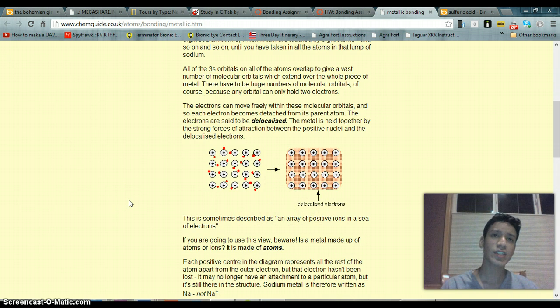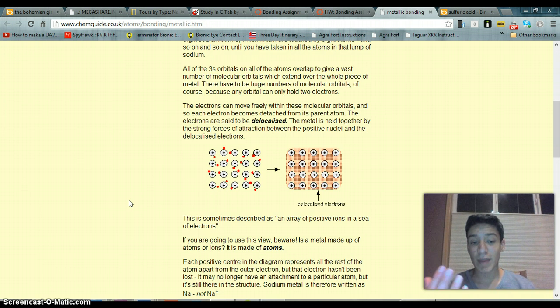And these s orbitals come together and form a molecular orbital, which is an area in which the electrons in this orbital are delocalized and can basically wander around. This leaves charged nuclei of these atoms, which attract these delocalized electrons and create the force that holds the molecule together.